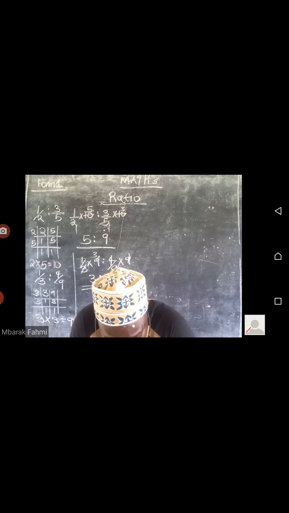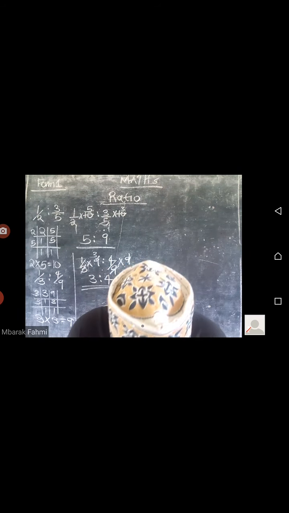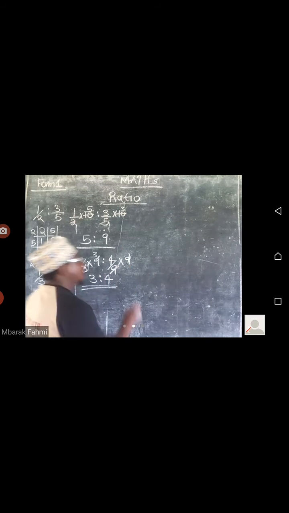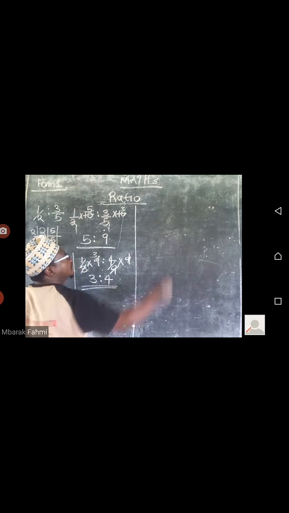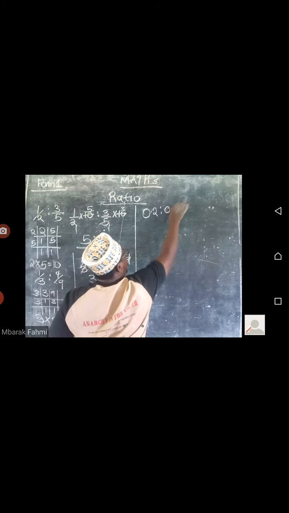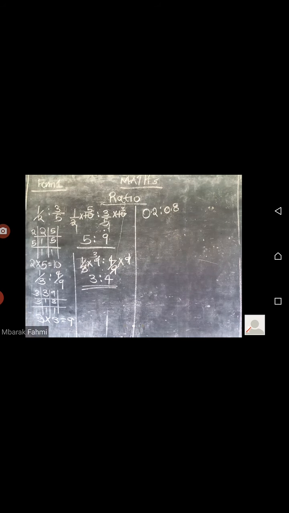Now, another example I can give is of decimals. For example, when you have 0.2 is to 0.8, that is not again in its simplified form.